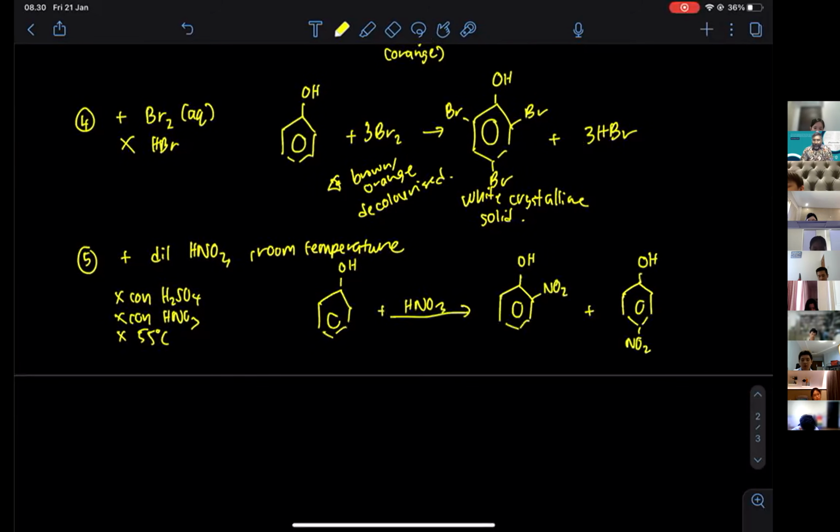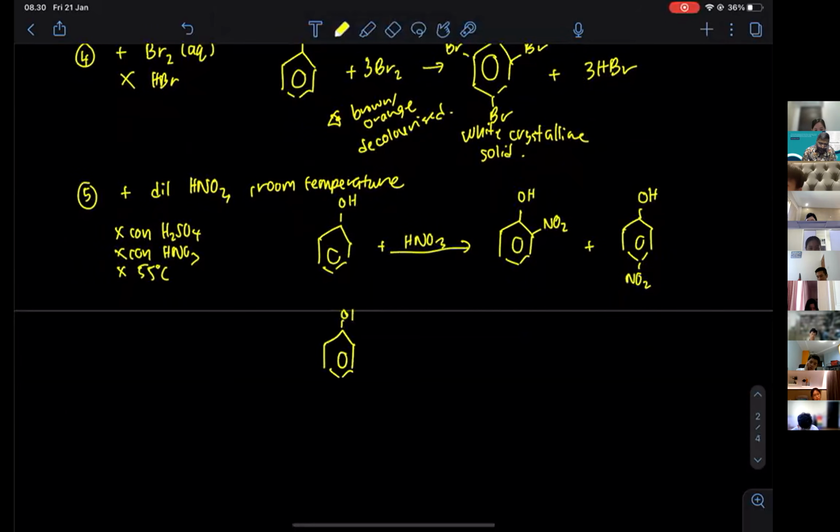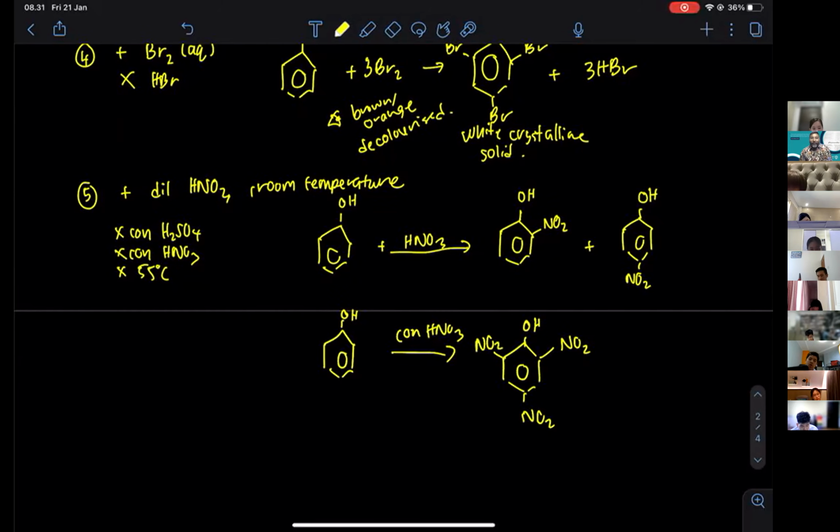If you put the reaction under concentrated HNO3, then you get NO2 here, and you will get NO2 over here. So this is if you use concentrated HNO3. I think that's it for phenol.